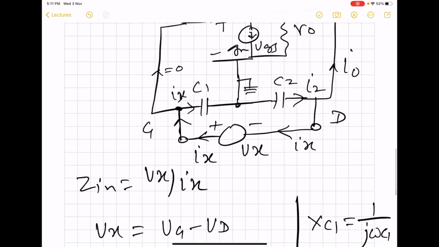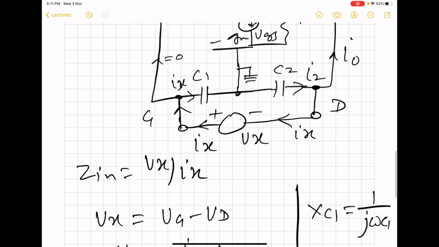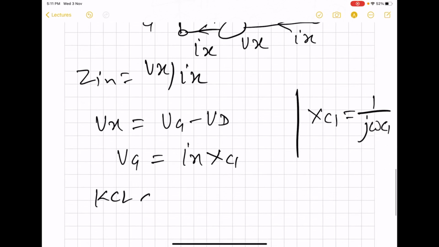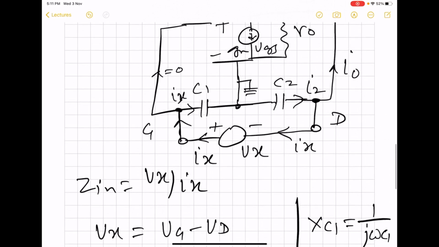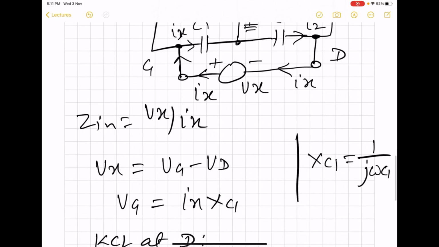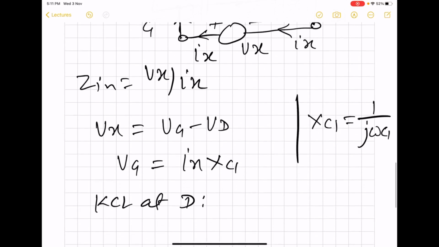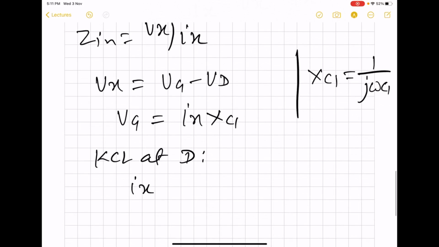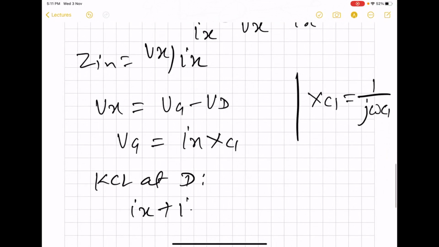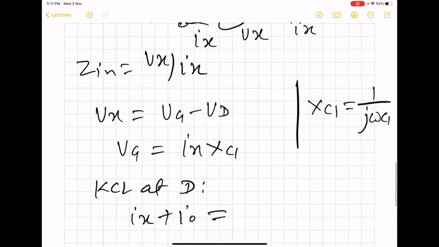Now for finding out Vd, we will have to set up the KCL equation at this drain. So here we find that Ix plus I0 is equal to I2.